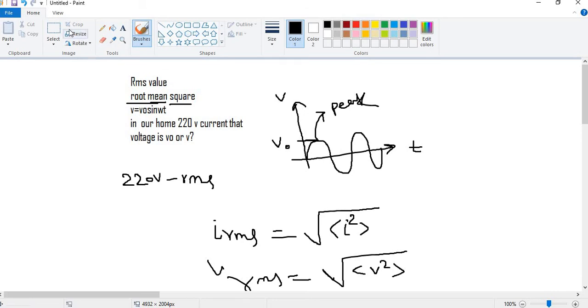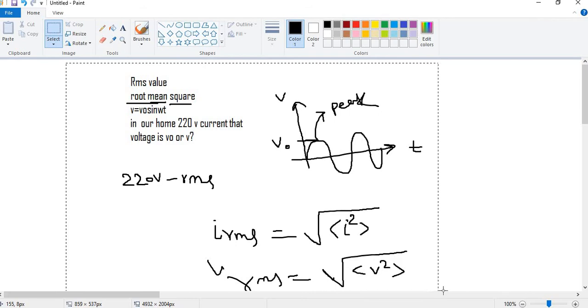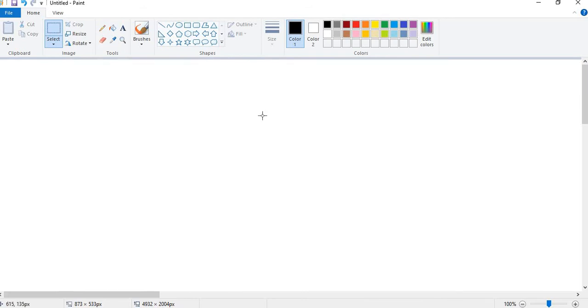Now we'll see the next topic. We have seen that if V is equal to V naught sin omega t, then the formula for VRMS is V naught by root 2.